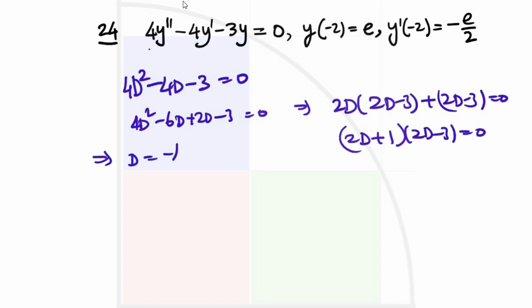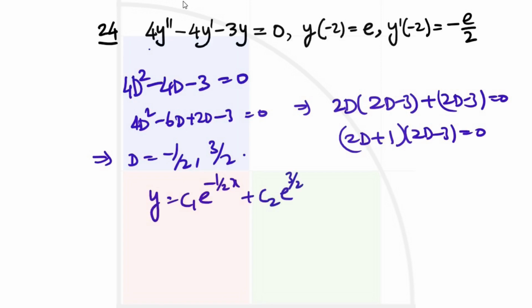This gives D is equal to minus half and 3/2. Our equation will be y is equal to c1 e to the power minus half x plus c2 e to the power 3/2 x.